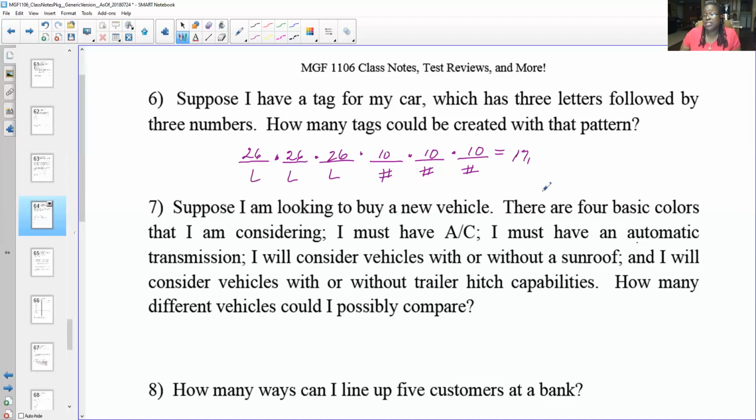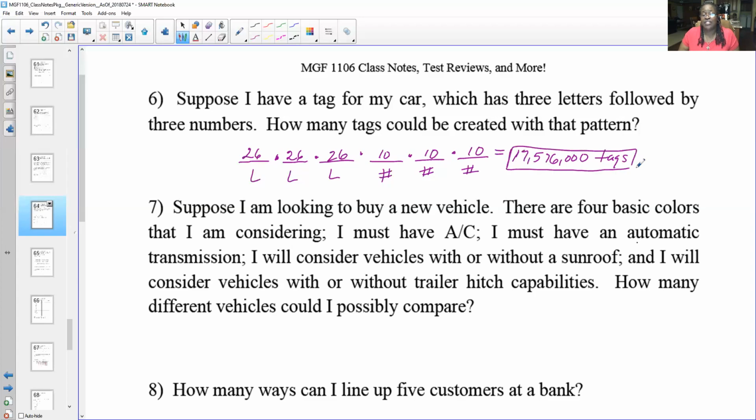Is it thousands? No. But 17 million. Ooh, that would look good on a check, wouldn't it? 5,076. All right. So 17,576,000 tags.